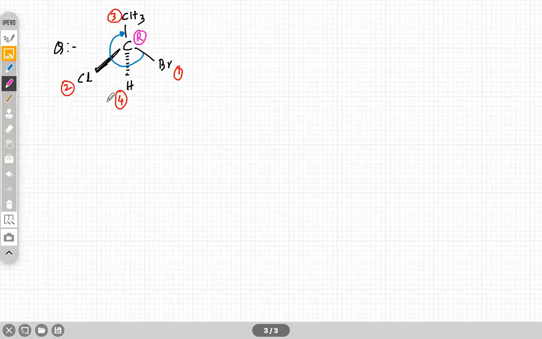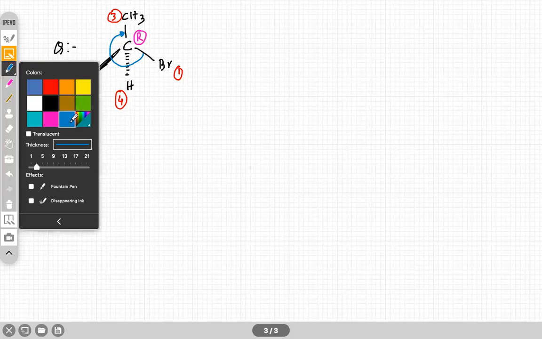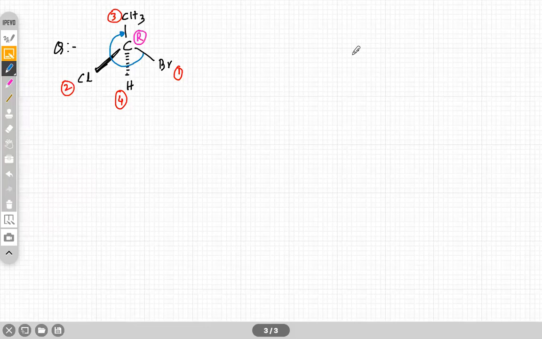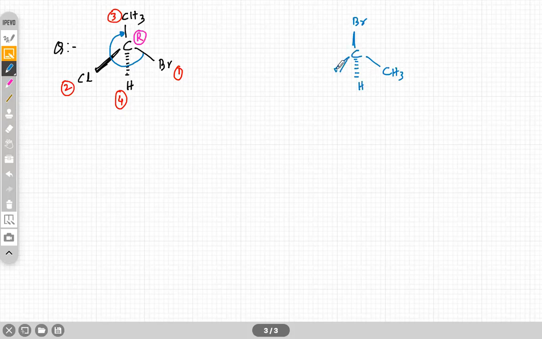Easy. Now you see this molecule here. This is Cl.